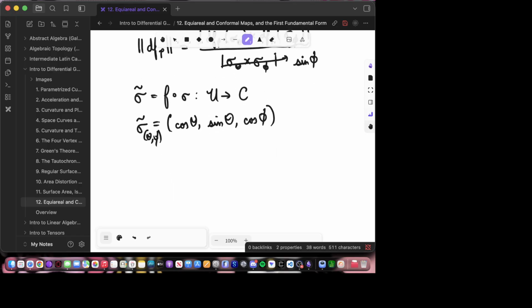Now, we have that by the chain rule, the partial derivative of tilde sigma with respect to theta is going to be equal to the derivative of f at the point P of sigma, the partial derivative of sigma with respect to theta, and similar for phi.